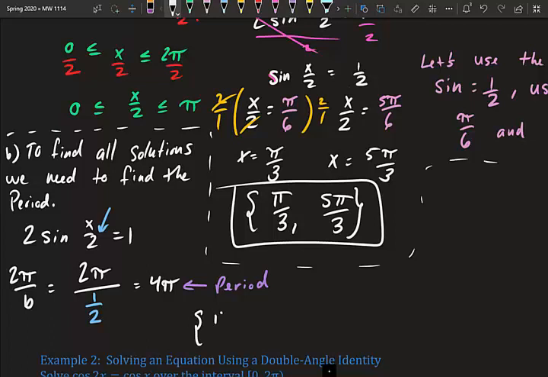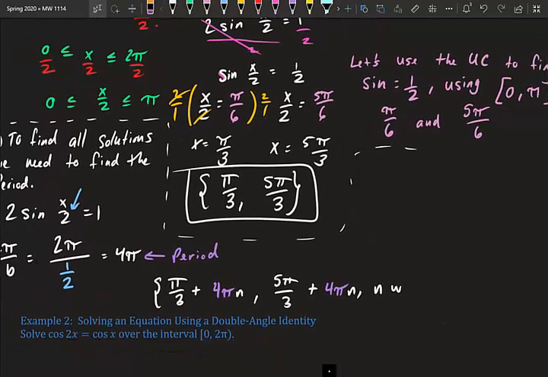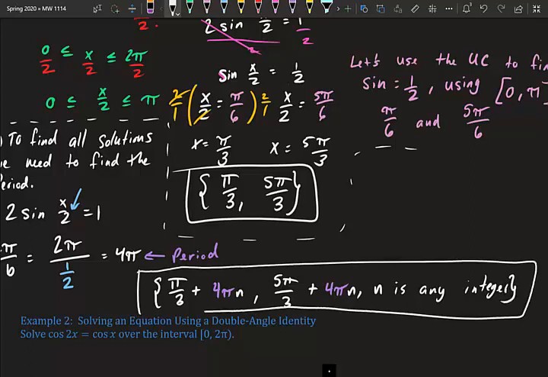So we have pi over 3 plus 4 pi n, and then we have 5 pi over 3 plus 4 pi n, where n is any integer. So every time you want to find all solutions, you just take the exact solutions and add them to the period times n, and that's it.